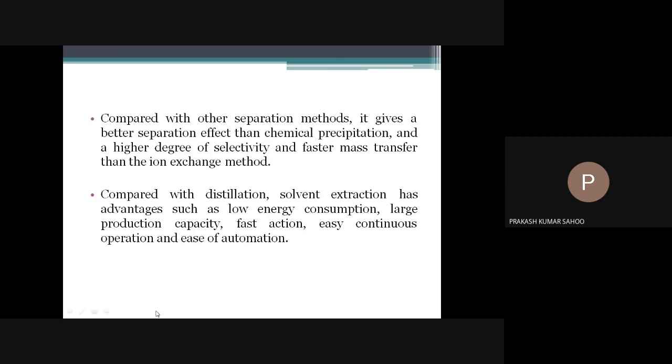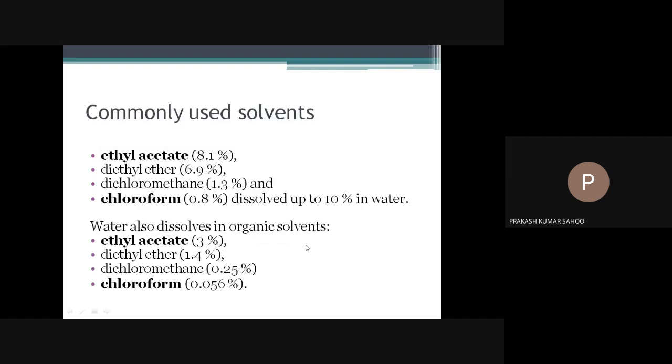Compared with distillation, this has low energy consumption, no energy is consumed. The production capability is also more, because there will be no chemical or physical change of the solvent. This is also fast action, as less time is required, and it is an easy continuous operation, and automation is also easy.